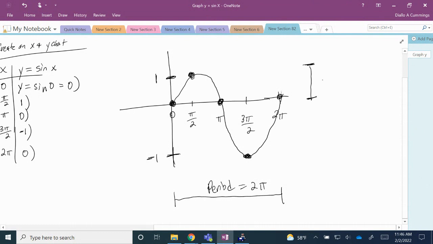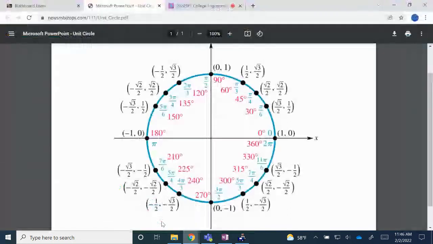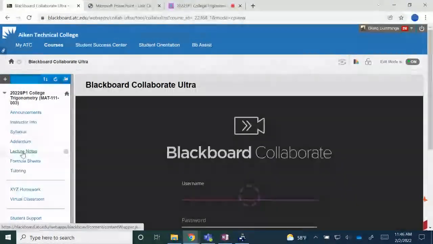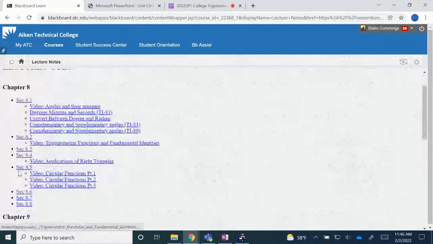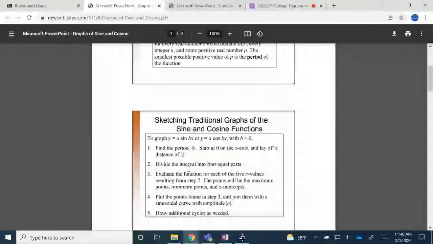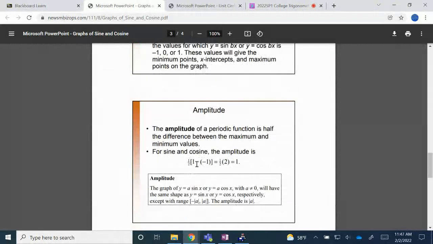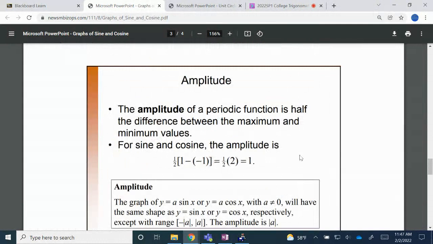I'm going to pull up the definition for the amplitude. Okay, I think all of my stuff closed down. I'm going to bring back up the lecture notes for a second. Right, here is the amplitude.